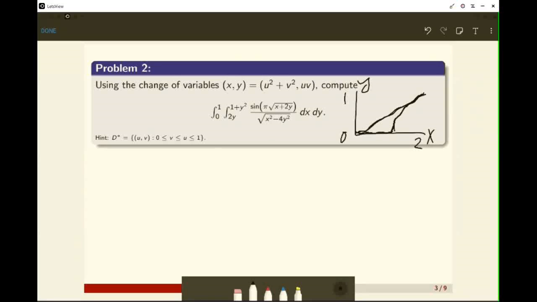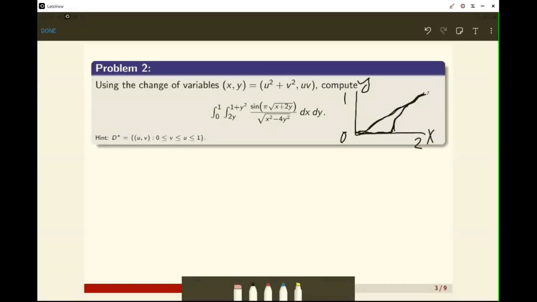But no, our left bound is 2y, and our right bound is 1 plus y squared. And so our region is almost triangular, but it's thinning as it goes out to reach a cusp point at 2, 1.